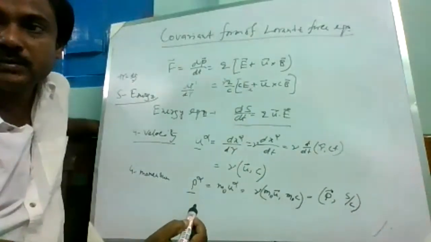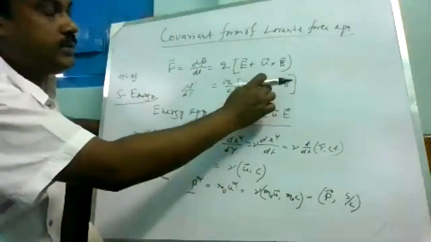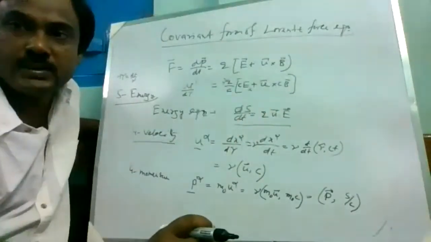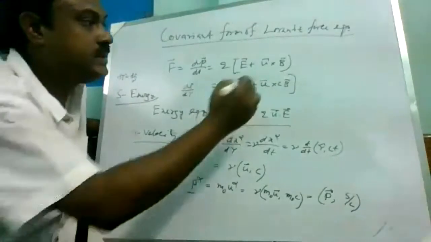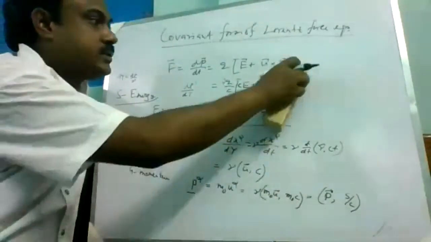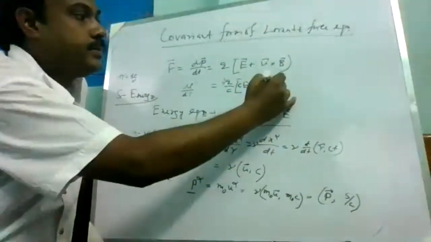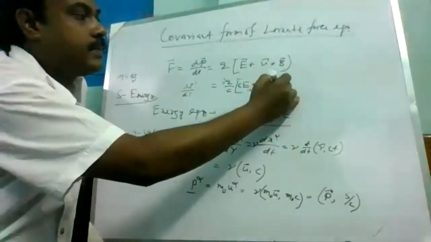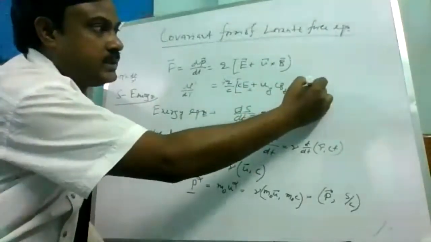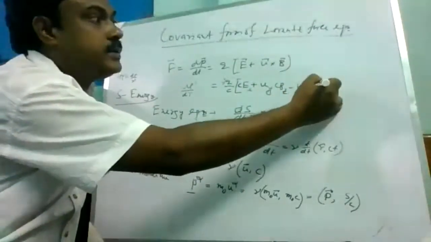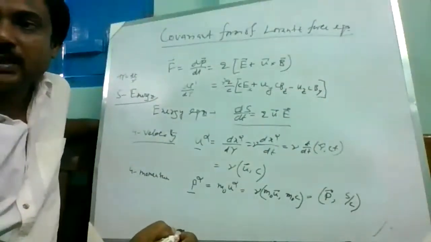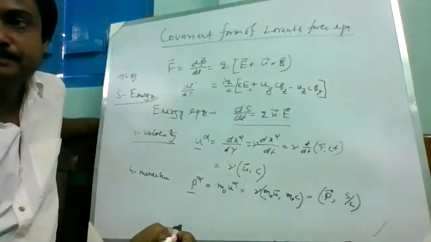And this will equal the first term of U cross CB, which gives uy CBz minus uz CBy, right? So dp1 by d tau will be this.